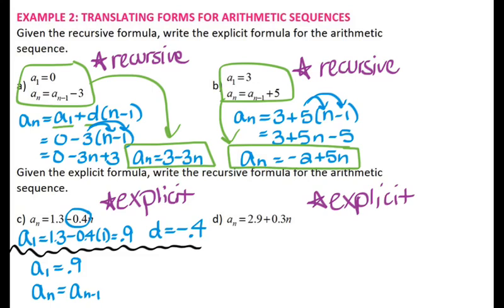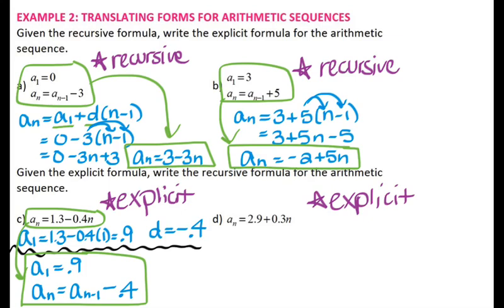Our common difference is negative 0.4, so that's minus 0.4, and then that is your recursive formula. So we started with this explicit formula and we changed it to that recursive formula, just switching the forms.